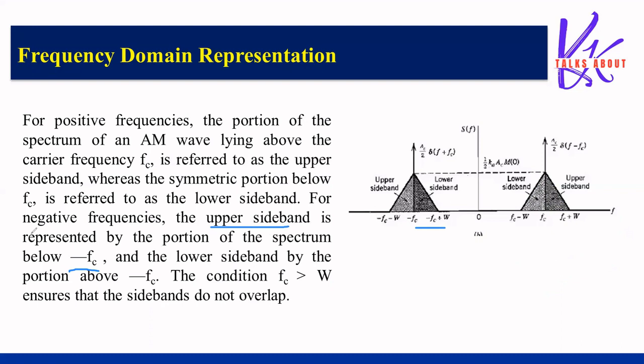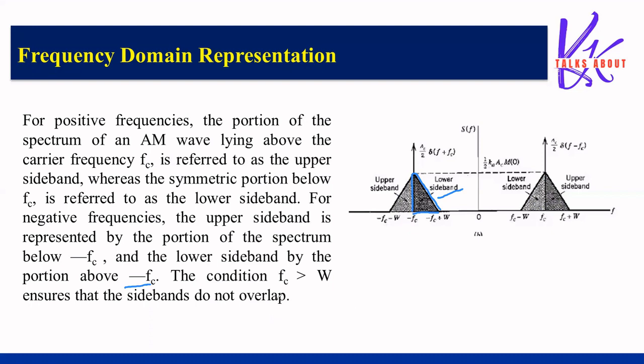That means from minus Fc to here. Whatever you see in the figure, this is represented as your upper sideband. And the lower sideband portion, above your minus Fc in the negative frequencies, is represented as your lower sideband.